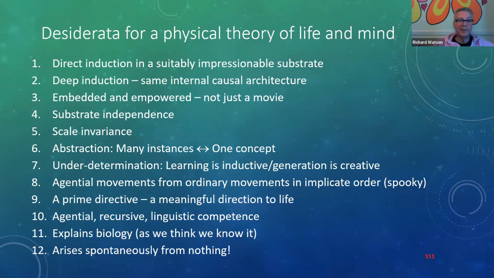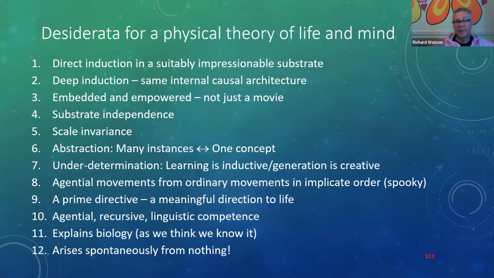You can go from many instances to one concept. That you can do induction because the relationships are underdetermined. That many instances which are different from one another correspond to one concept, and one concept unfolds into many different instances. That you get agential movements from ordinary movements in the implicate order that looks like they're clever, but really they're ordinary if you understand the space it's moving in.